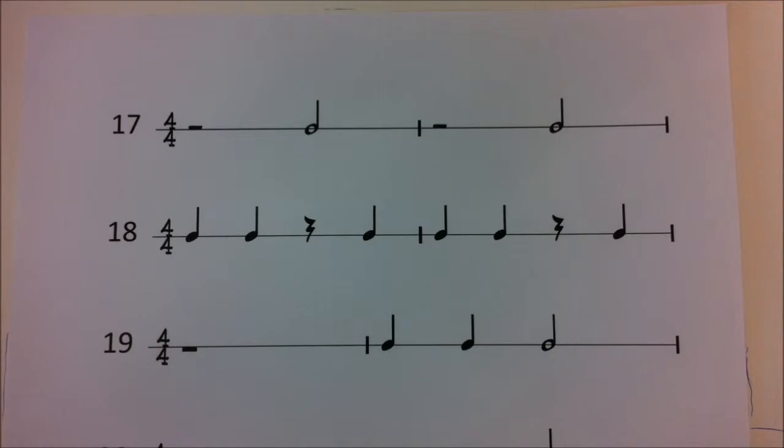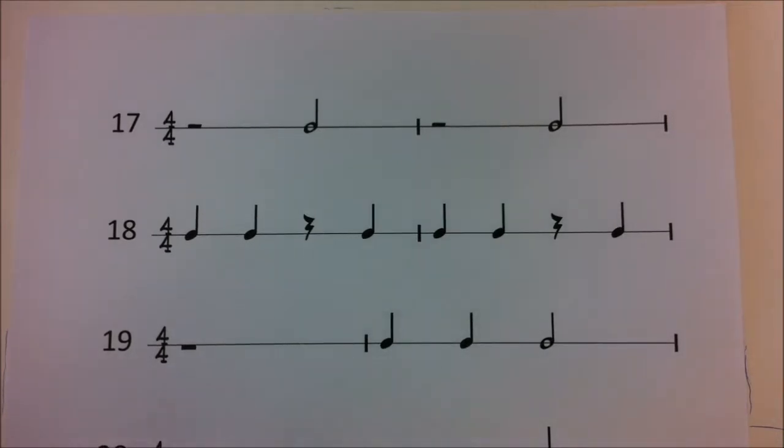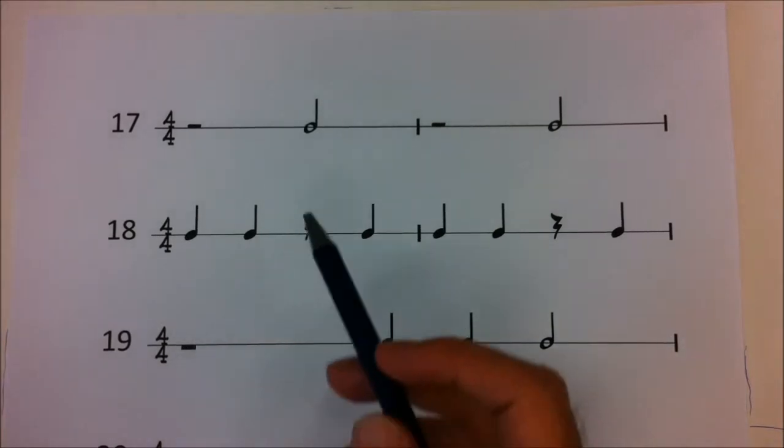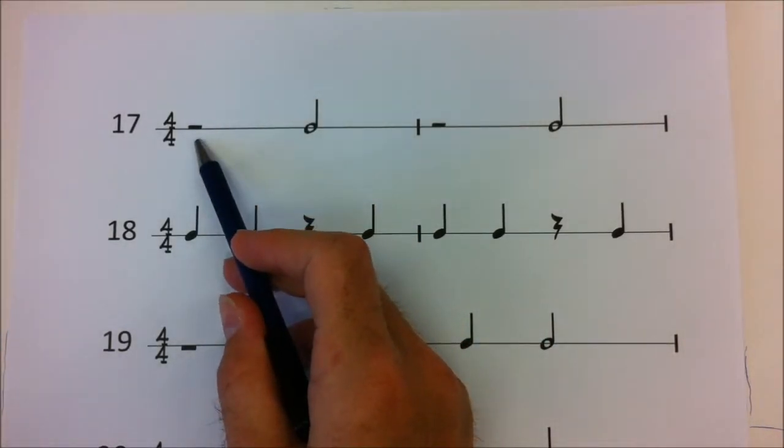We can identify the three ones, and the first one we're going to look at is the whole rest. It looks like this. It's a little box that's attached to a line, and it's always attached below the line. Then we know it's a whole rest. This is the half rest.